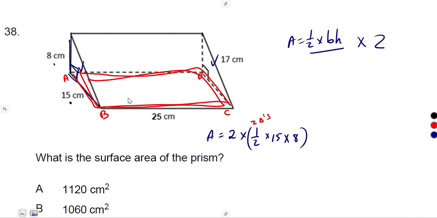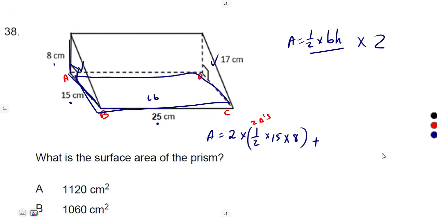It's a rectangle that we can see. It has area length times breadth. So it's going to be 25 times 15, this one below.